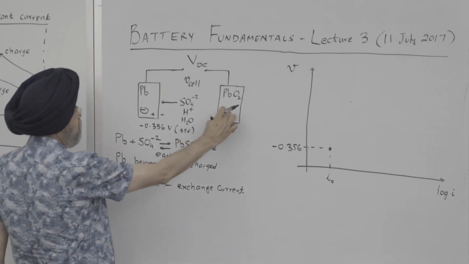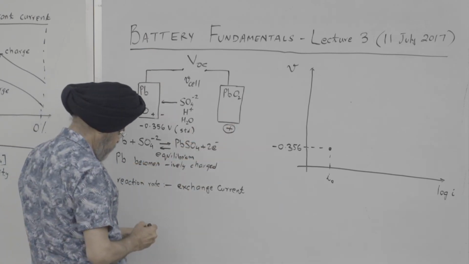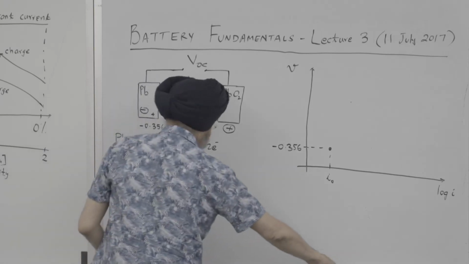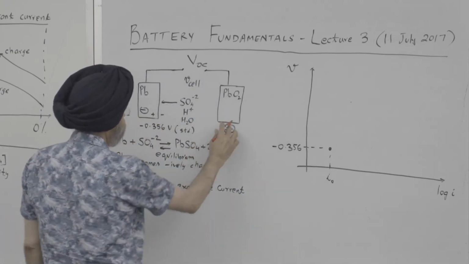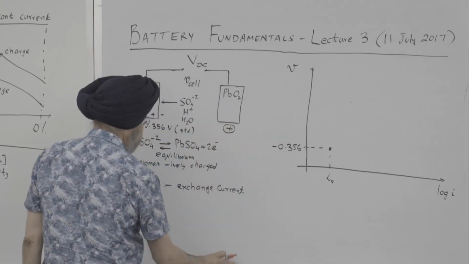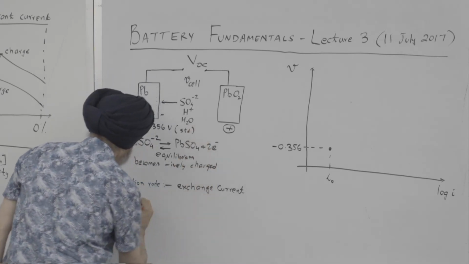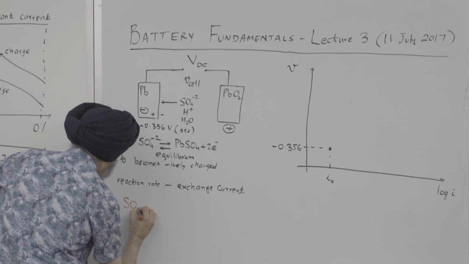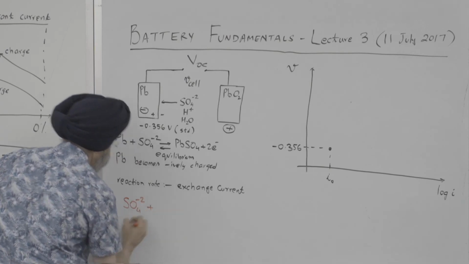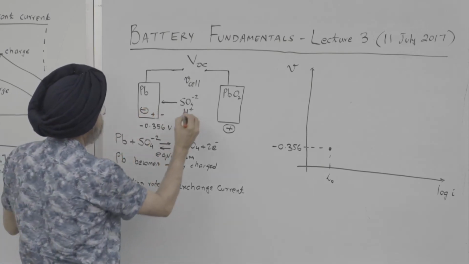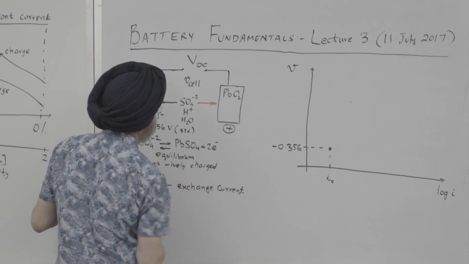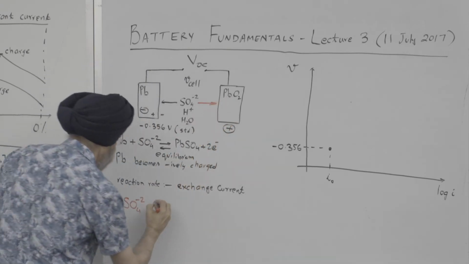Now let's go to this one. So this electrode, I think I'm going to write in red. This one has a reaction which would be, so I'll write over here, SO4 minus 2. So this SO4 will also go in this direction and attack the lead oxide.